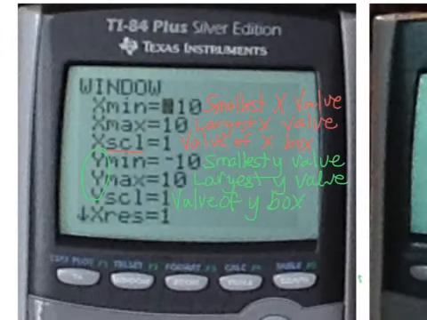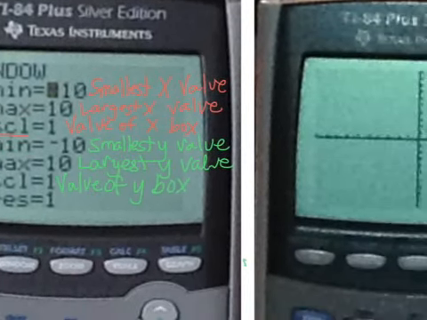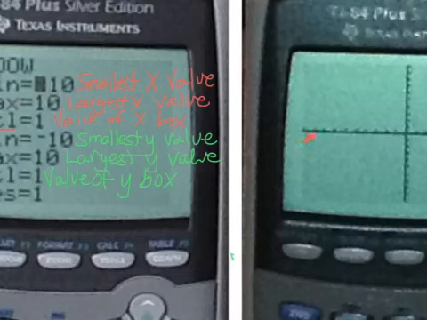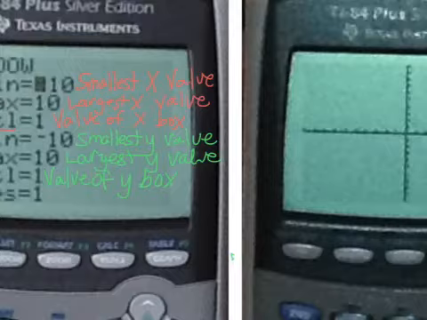So if we look at that over here, when we start talking about the scale, we're just talking about each one of these little tick marks. So right now our scale is set to 1 on both the x-axis and the y-axis.